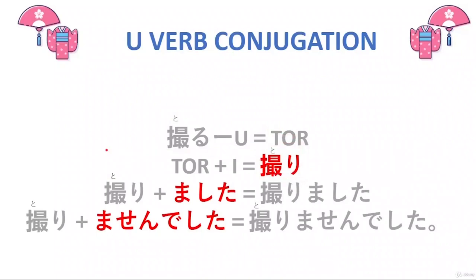So for past affirmative to tori, we add mashita, and we have torimashita, took. And for past negative to tori, we add masen deshita. So we will have torimasen deshita, didn't take.